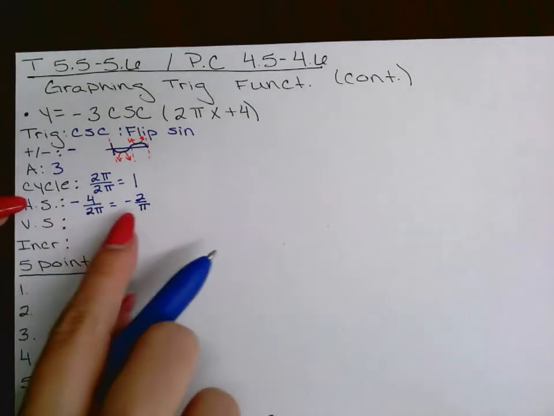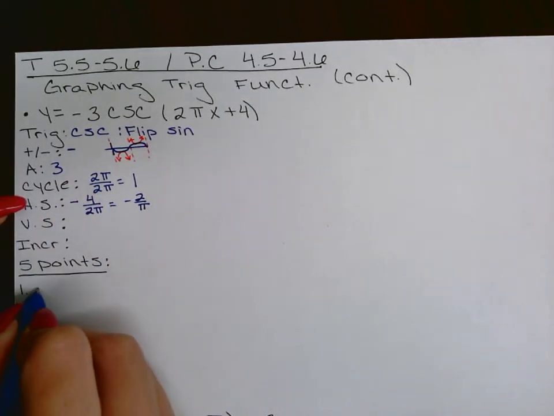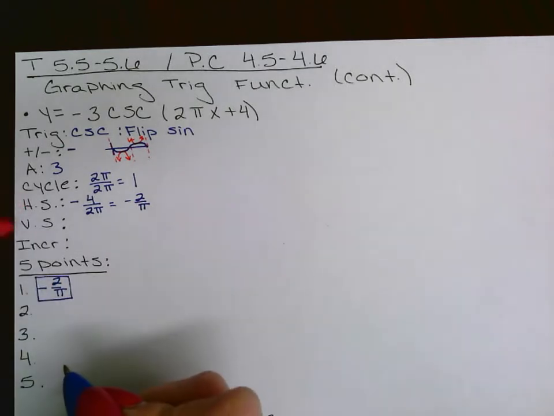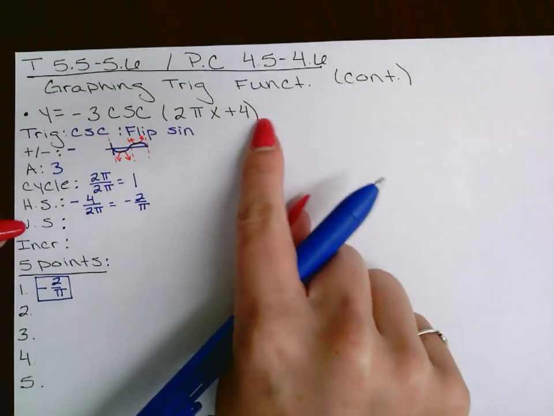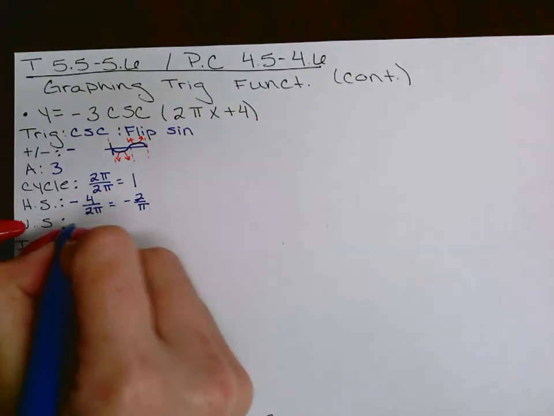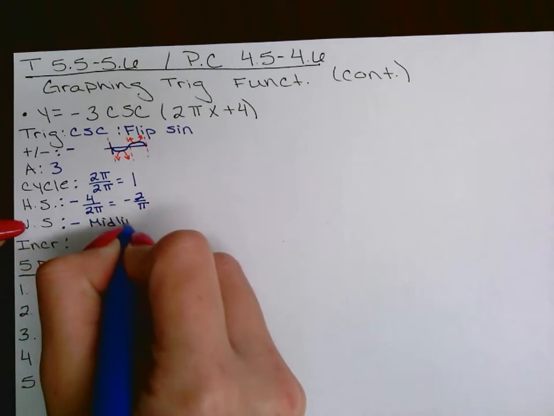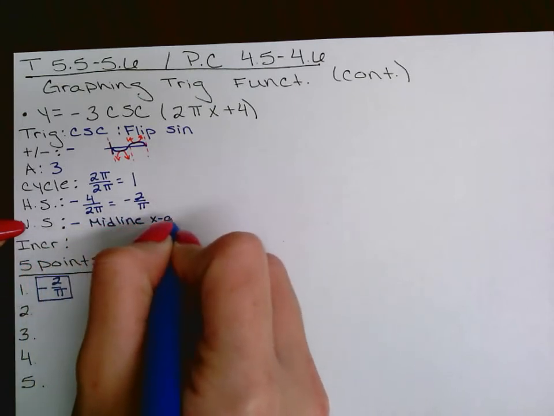So remember that horizontal shift is also your first point, negative 2 over pi. Vertical shift, there's no d here, so I don't have any, which means that my midline is at the x-axis.